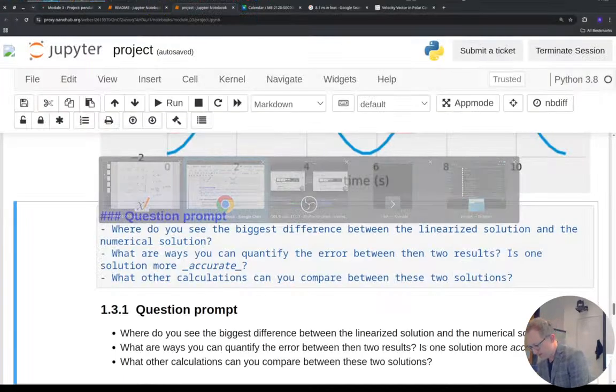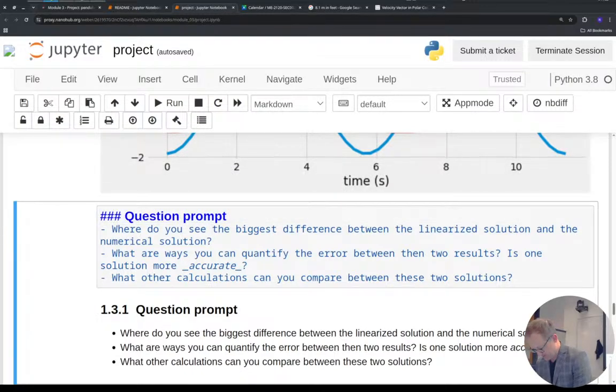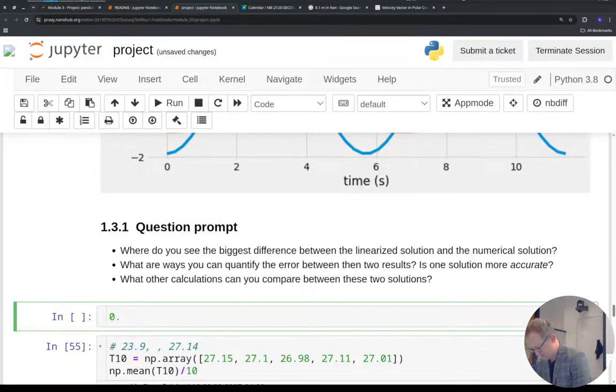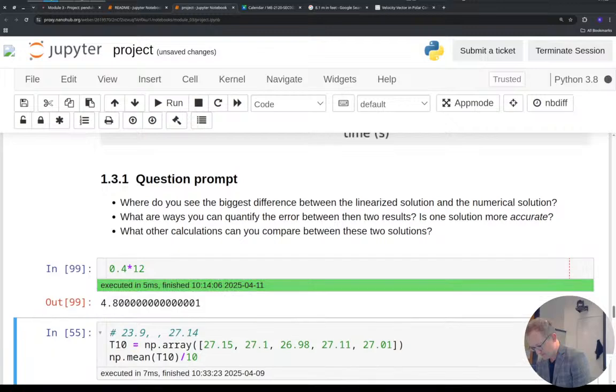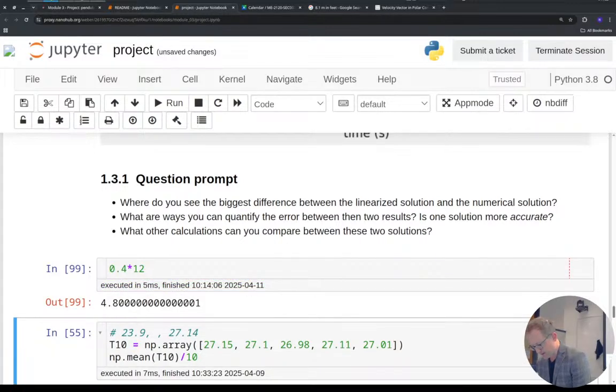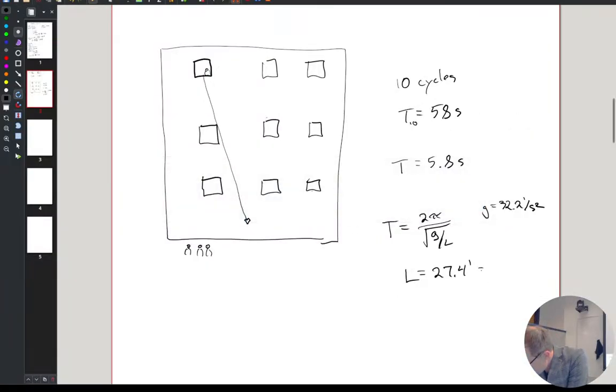Okay. So 27 feet 5 inches is our prediction based on the time period that we measured and kind of remembered.